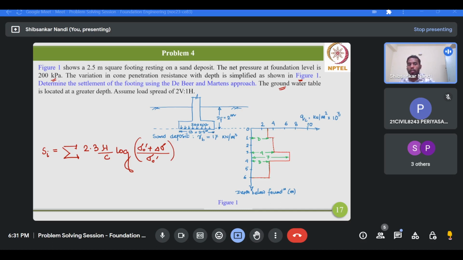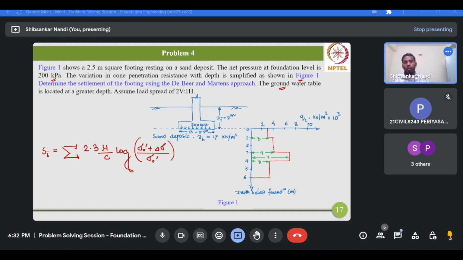So depending on the cone resistance value, you first divide the entire soil mass in the influence zone into small layers. As you can see, the foundation level is taken as the datum, 0, and the y-axis is marked 0, 1, 2, 3, 4, 5, 6, like this.